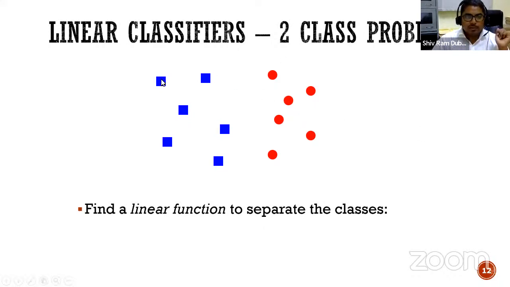Here you can see some blue squares and some red circles, representing samples from different categories. The blue one is category 1, and the red one is category 2.